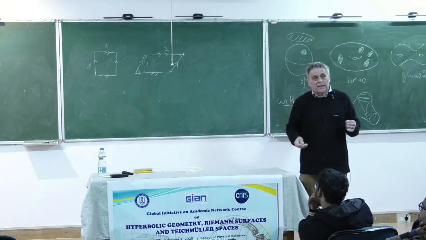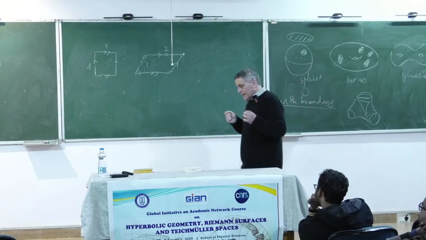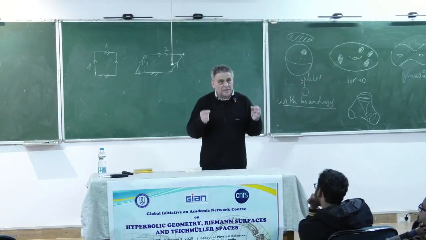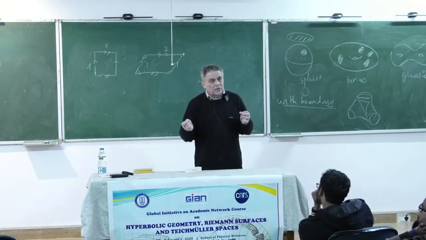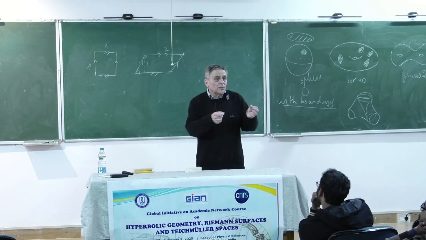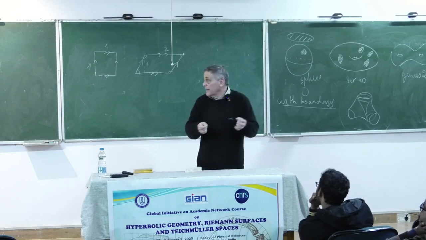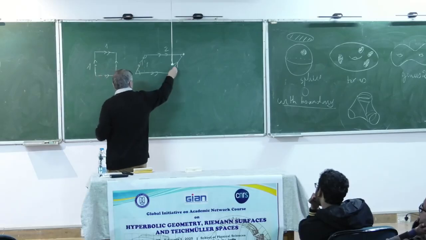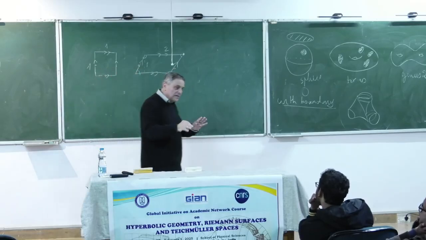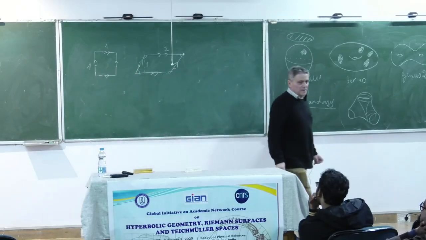Yes, but you cannot, because what I'm saying is that there is no isometry between these two tori, meaning these 2 points are not necessarily sent to these 2 points here. There is no isometry at all. How can you do this?